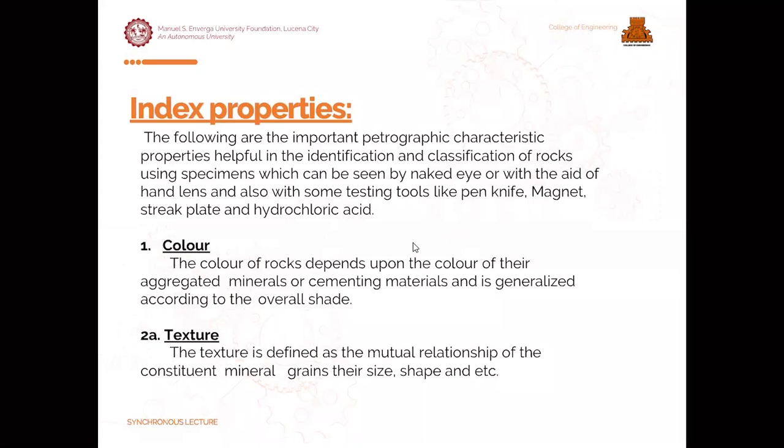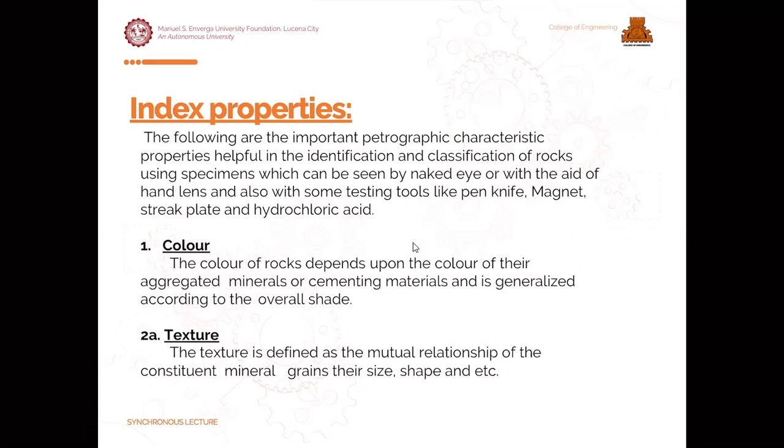that we use is color. Okay? So the color of rock depends upon the color of the aggregated mineral or cementing materials, and it's generalized according to the overall shade. Okay? So this is determined through observation by the naked eye.